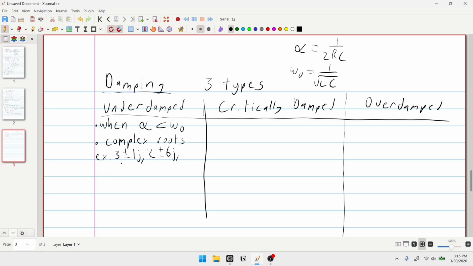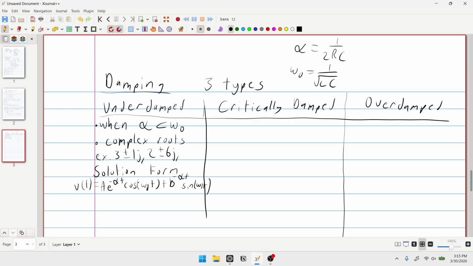And what that means, as we talked about before, is we would have the solution form of A e to the negative alpha t cosine omega_d t plus B e to the negative alpha t sine omega_d t.